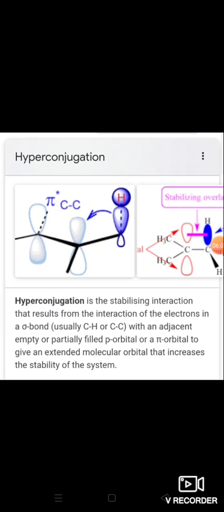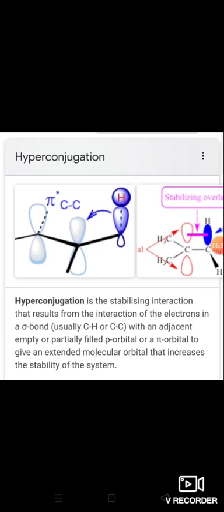So in an alkyl group, CH3 group, sigma bond is there, and another methyl group is attached to that. In that methyl group, one electron is there, the p orbital occupied by one odd electron. So during that time, sigma bond and p orbital overlap. Such overlap is known as hyperconjugation.